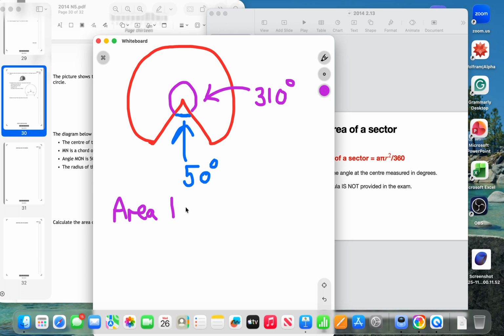So area 1 is the sector. And our A is 310.